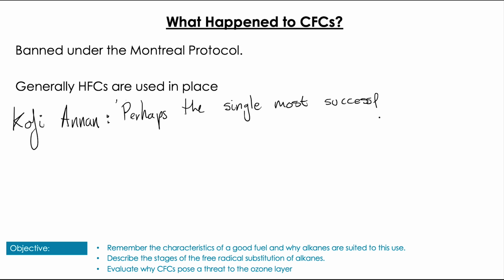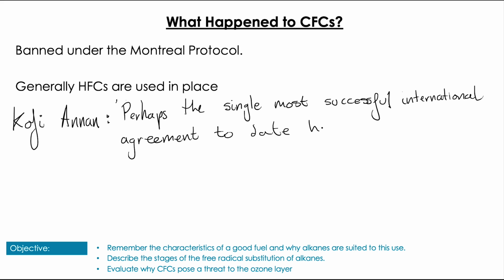Indeed, with the current state of the world, it can seem difficult to imagine a future in which action is taken upon these issues, but it has happened before, and I believe it will happen again if you are all willing to. Kofi Annan, the ex-secretary of the UN, said perhaps the single most successful international agreement to date has been the Montreal Protocol.